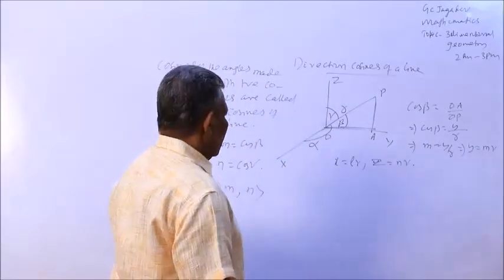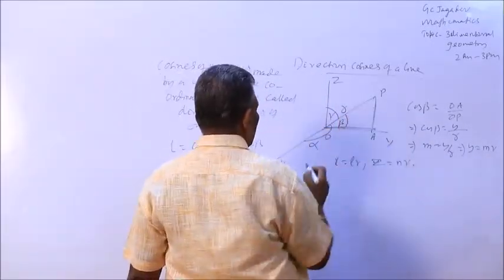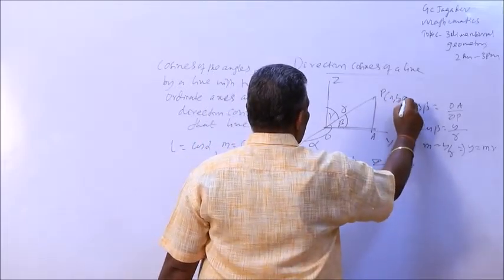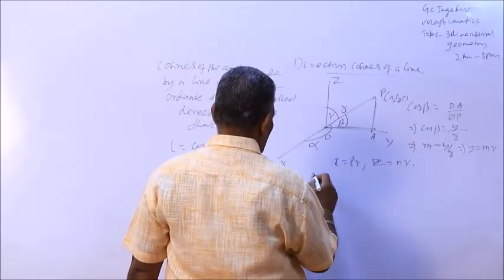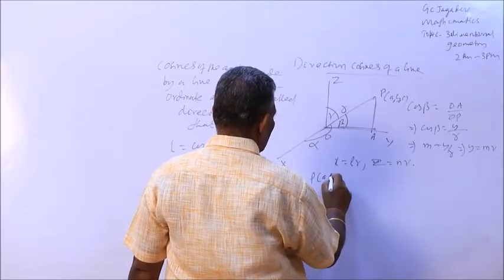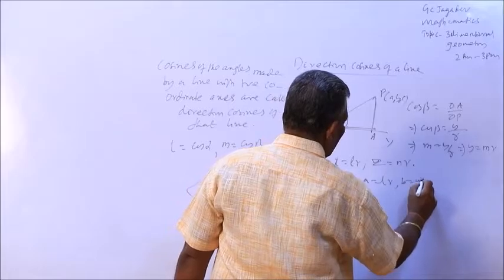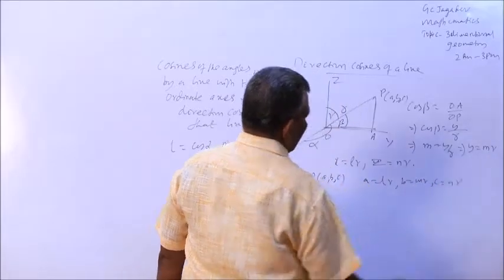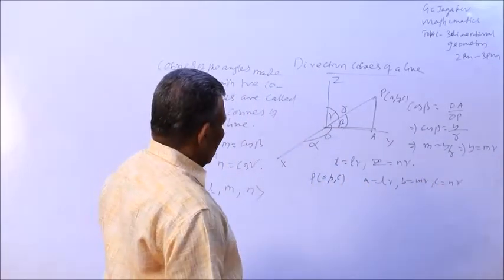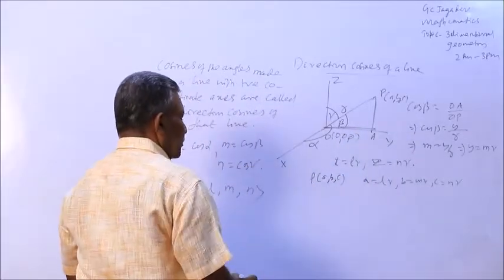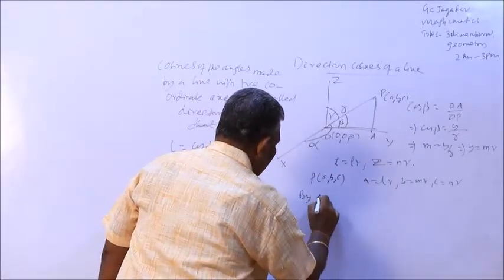So if the length of the line OP is R, then DCs of P having coordinates A, B, C, A equals LR, B equals MR, C equals NR. By distance formula, origin is 0, 0, 0.